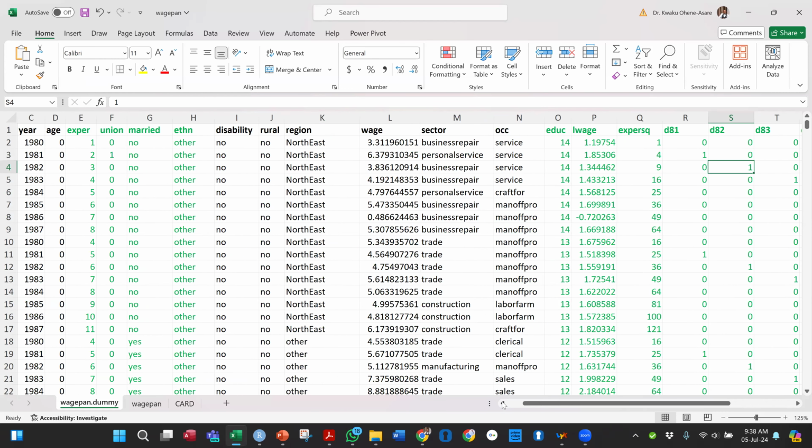Yeah, the experience. It appears experience is also changing. It's time. So when time is changing, experience should change. It also appears that another variable is changing.